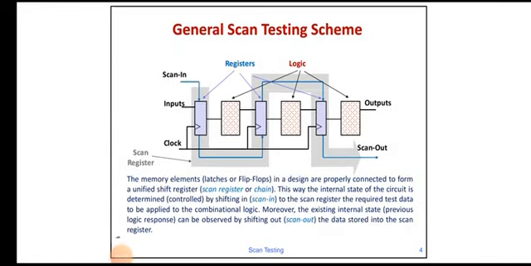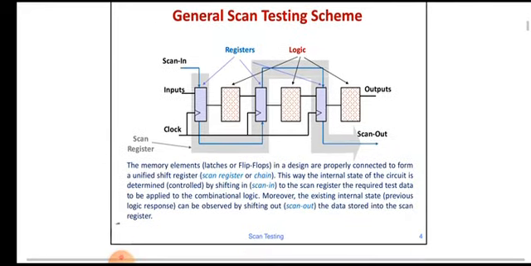What can be our general scan testing scheme? We have a scan in input operated by a clock, because the register is a combination of flip flops operated by a clock. Every register is operated by a single clock, and the dotted portion in between is known as the logic. So scan in input, clock operated, and the feedback path is provided by a blue line.